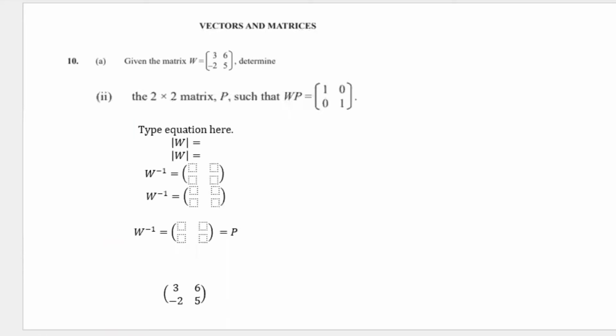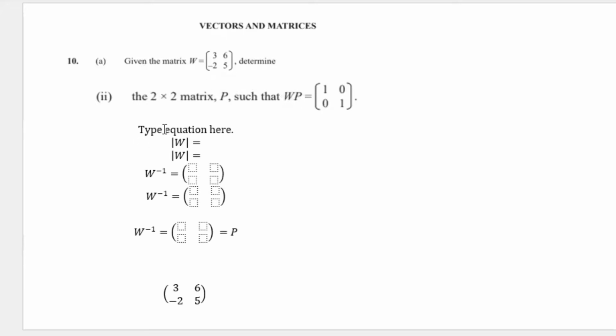It says the 2 by 2 matrix P. So we're determining the 2 by 2 matrix P such that WP is equal to 1, 0, 0, 1. So this is an identity matrix, and the only way that we can get an identity matrix is if one matrix is basically being multiplied by the inverse of itself.